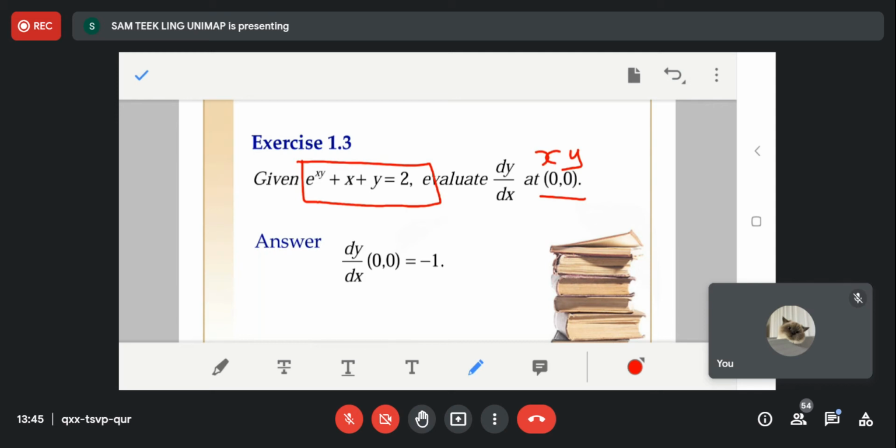Here it gives 0, 0. If it is 0, 1, then x equals 0, y equals 1, based on your question. So now it's 0, 0.